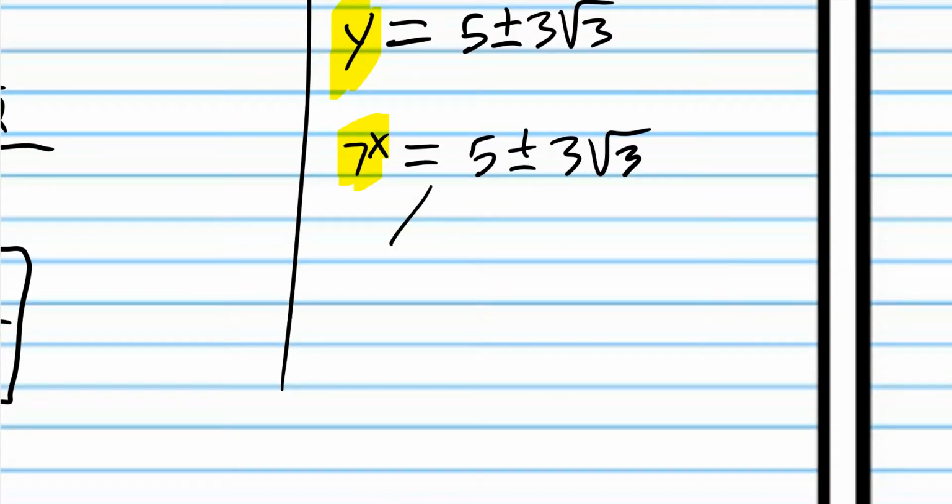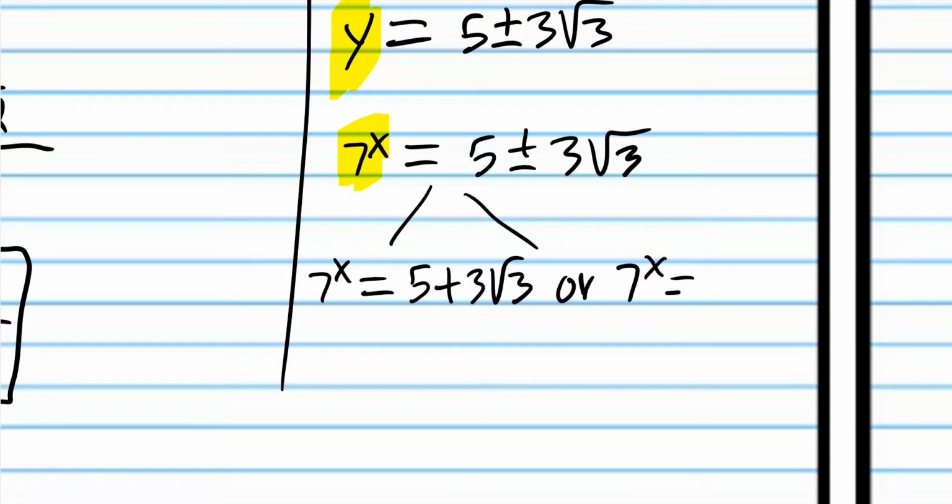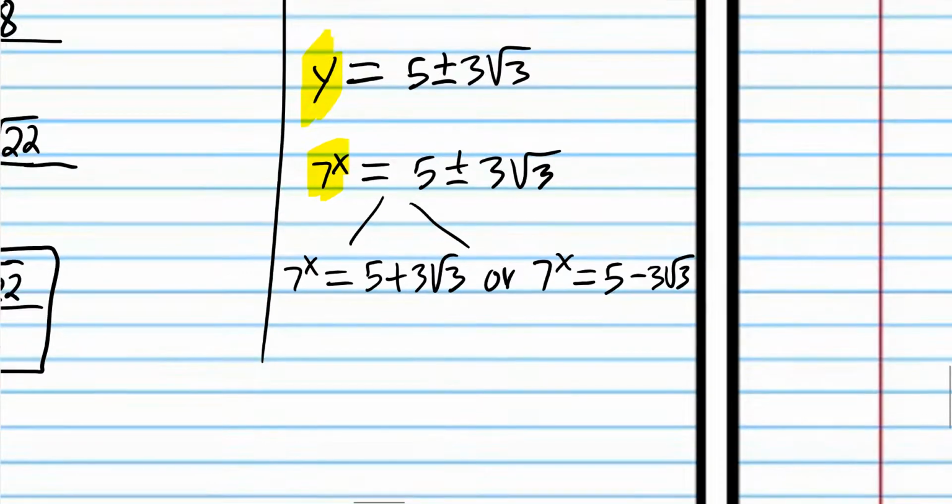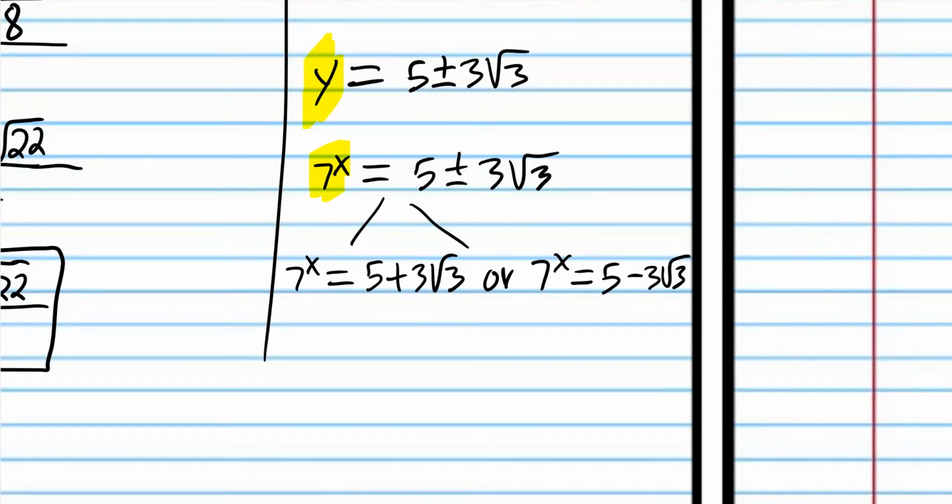Then remember, plus or minus means that there's 2 solutions, or there might be 2 solutions, 5 plus 3 root 3, or 5 minus 3 root 3, or at least it tells us that y is equal to 2 things.